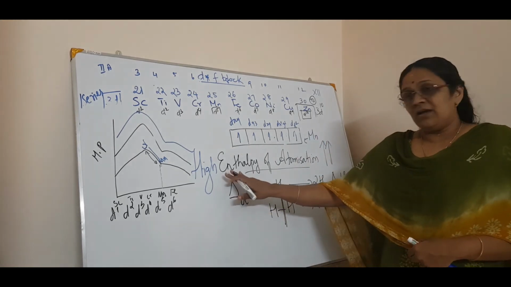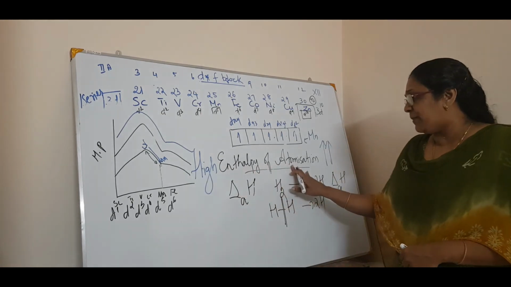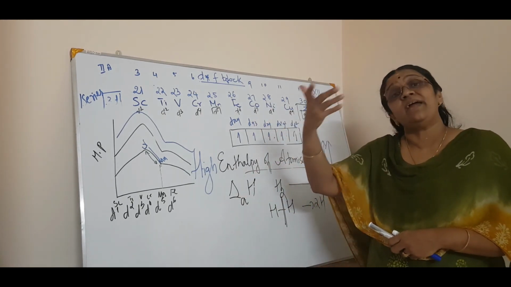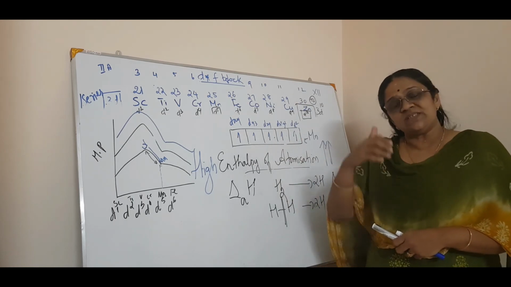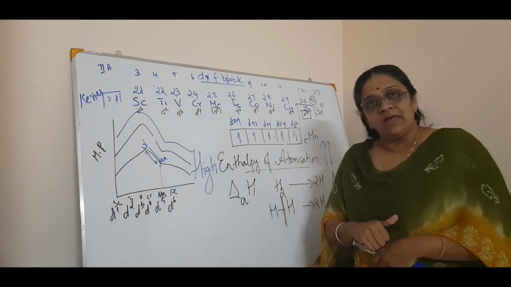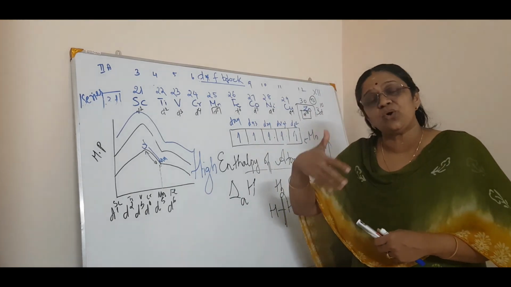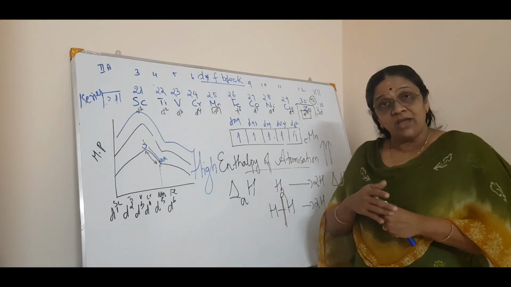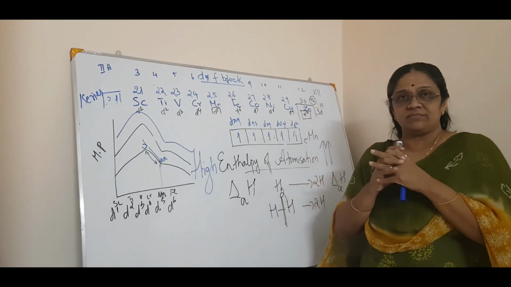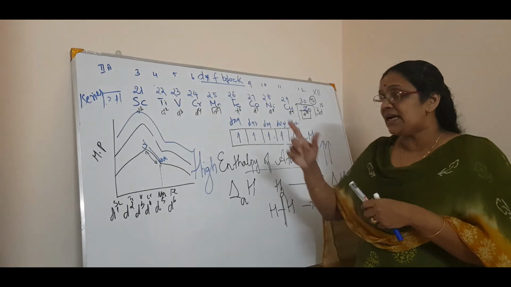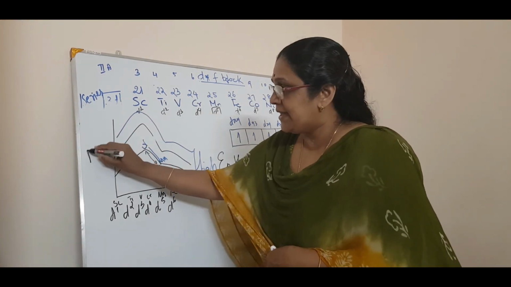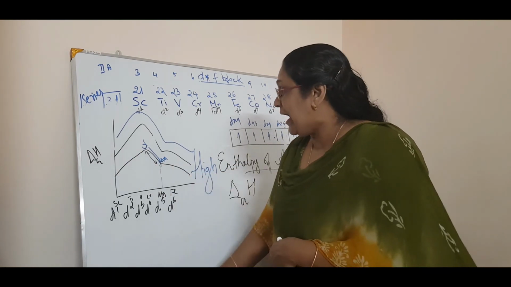Now, the reason for high enthalpy of atomization is that it depends on the number of unpaired electrons. Since the number of unpaired electrons increases from d1 to d5, the enthalpy of atomization also increases, and thereby you can have more metal-metal bonding. If you see a graph of enthalpy of atomization, I can draw the same graph.